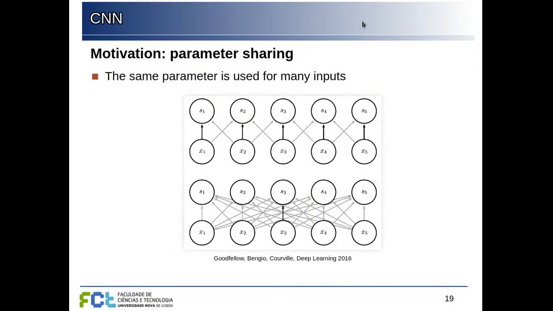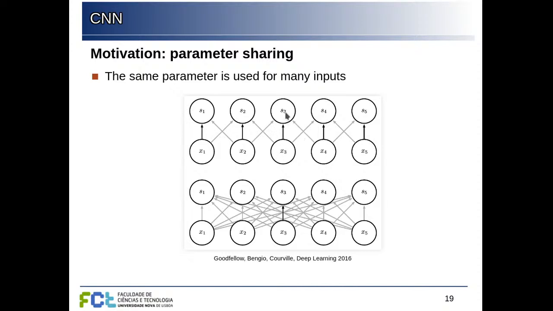We also have this parameter sharing because since we are using the same kernel, when we have a dense network, like in a multi-layer perceptron, then the weight, for example, connecting this input to this neuron is different from all the other weights.